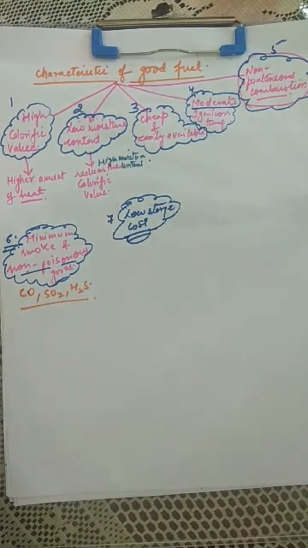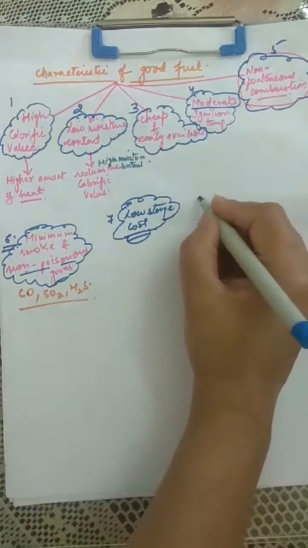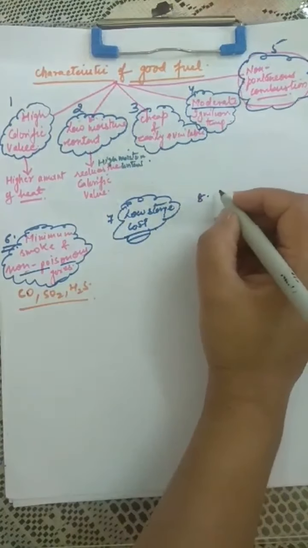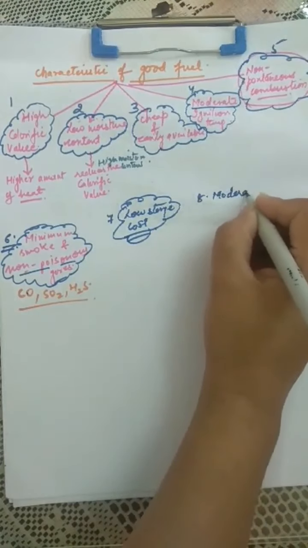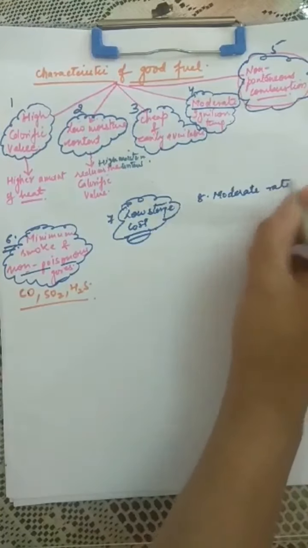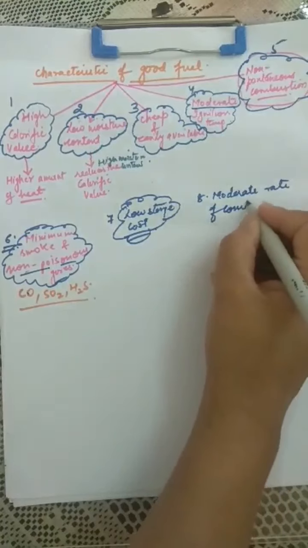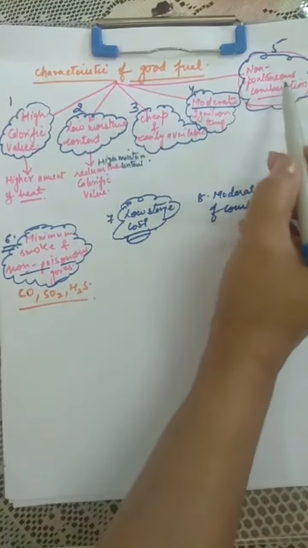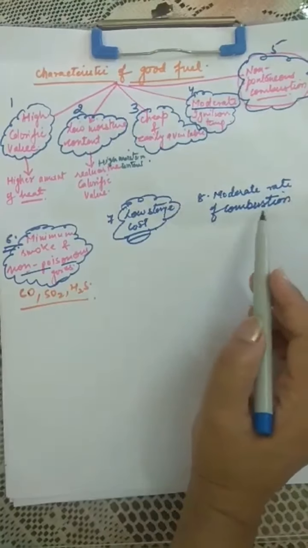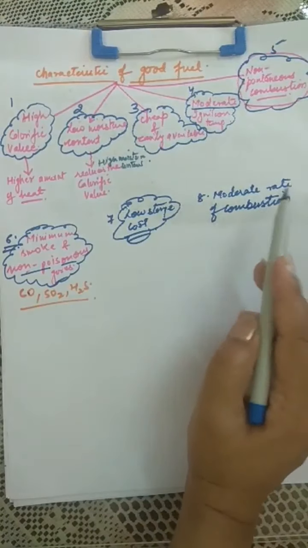Next point is point number 8. It should have a moderate rate of combustion. Earlier we discussed non-spontaneous combustion. Now here it is a moderate rate of combustion.